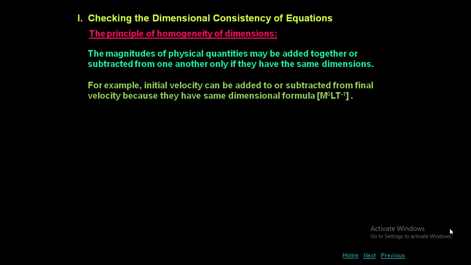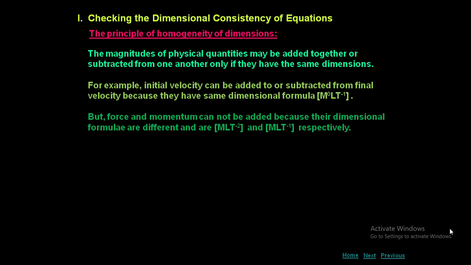For example, initial velocity can be added or subtracted from final velocity because they have the same dimensional formula, that is M to the power 0 L T to the power minus 1. But force and momentum cannot be added because their dimensional formulae are different, and are MLT to the power minus 2 and MLT to the power minus 1 respectively. Now here you can see both force and momentum have different dimensional formulae, so we cannot either add or subtract both.